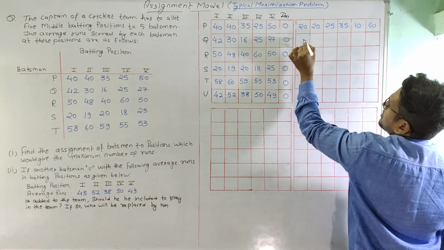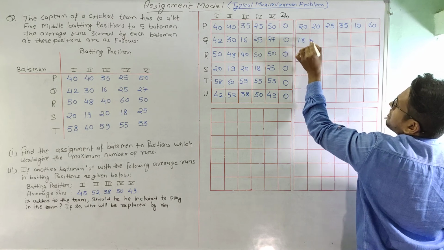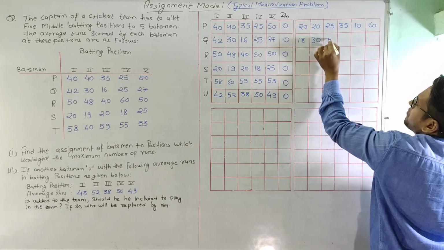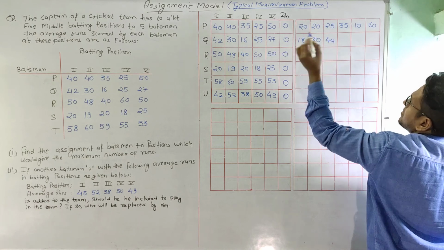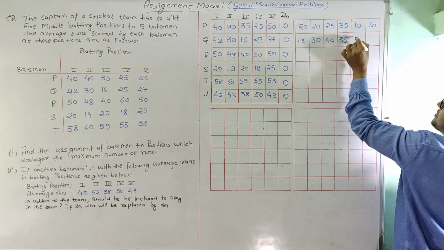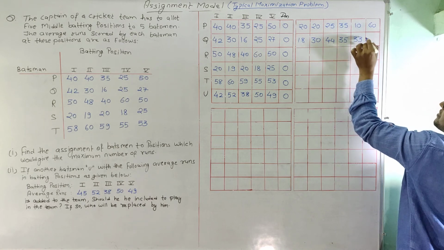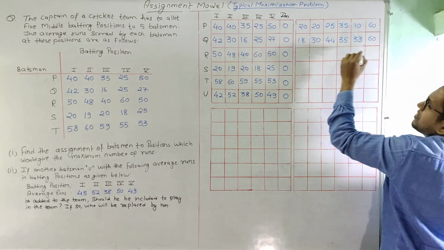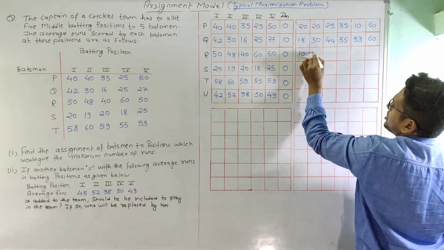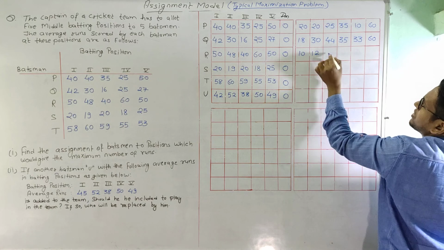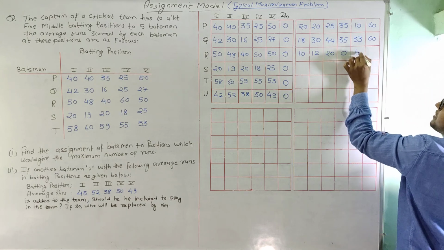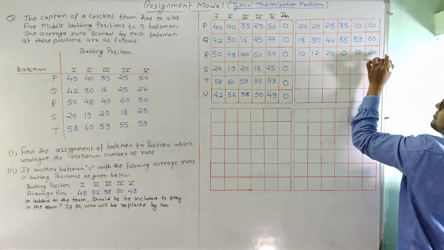Similarly here 60 minus 42 is 18, 60 minus 30 is 30, 60 minus 16 is 44, 60 minus 25 is 35, 60 minus 27 is 33, 60 minus 0 is 60. Here 60 minus 50 is 10, 60 minus 48 is 12, 60 minus 40 is 20, 60 minus 60 is 0, 60 minus 50 is 10, 60 minus 0 is 60.